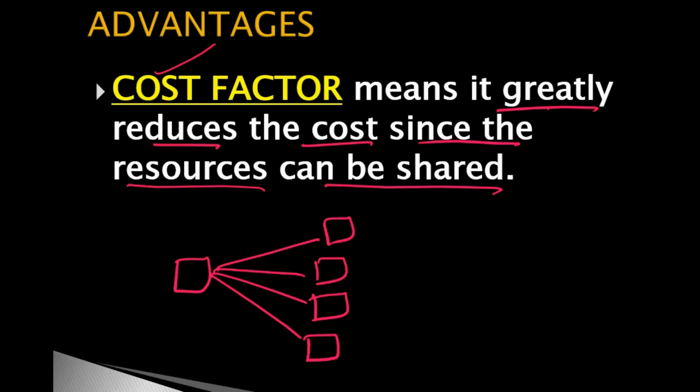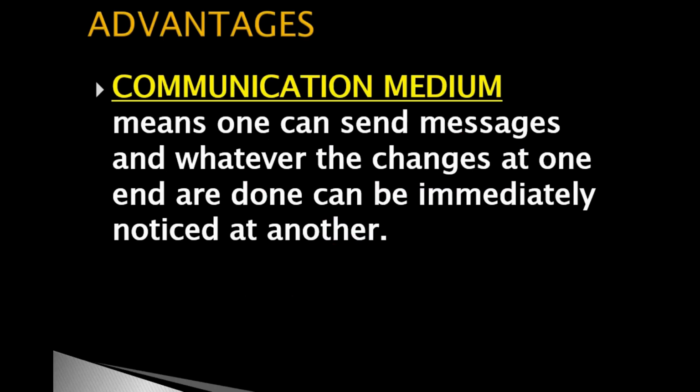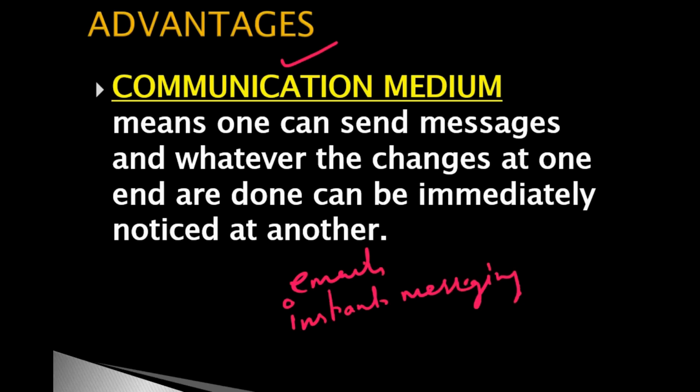Okay, next topic is communication medium. This is the main thing we use networking for. The network enables seamless communication through emails, and instant messaging like WhatsApp, and video calls.